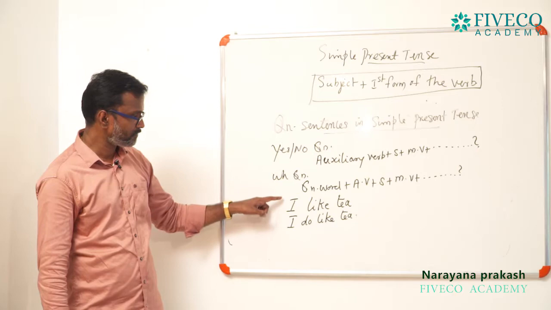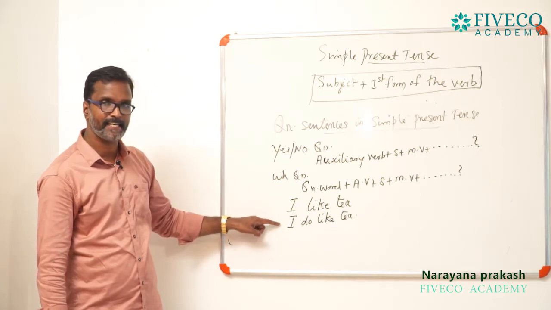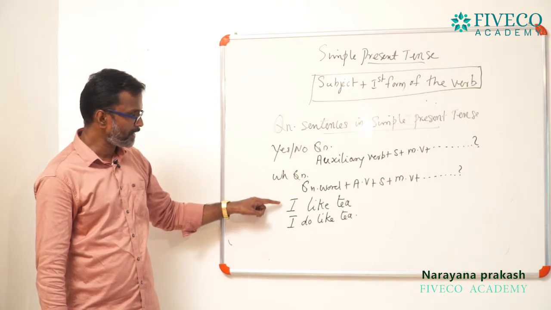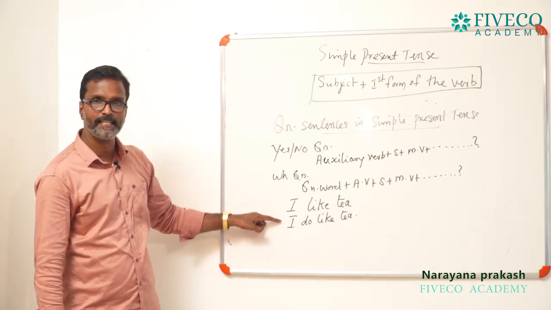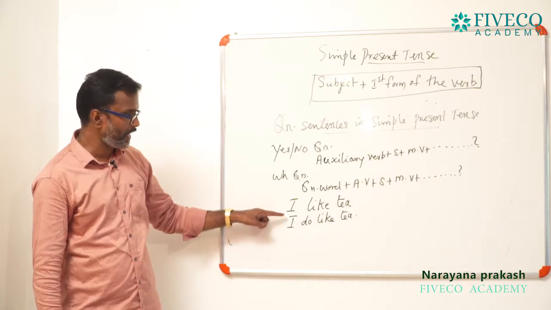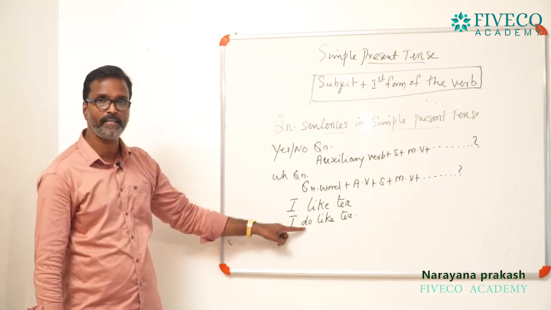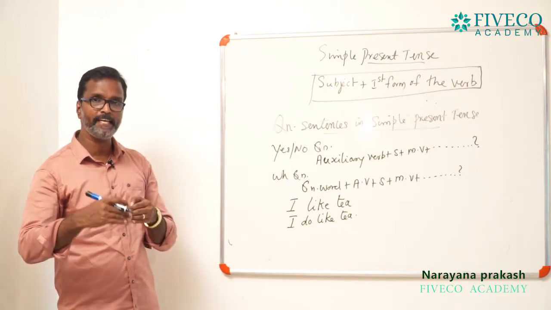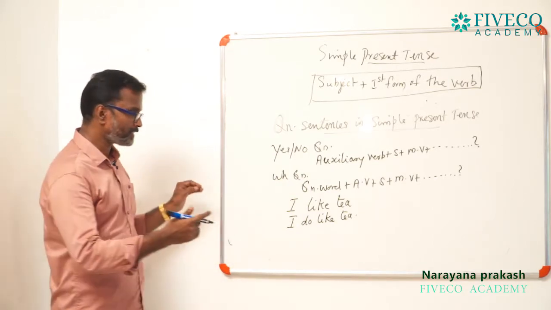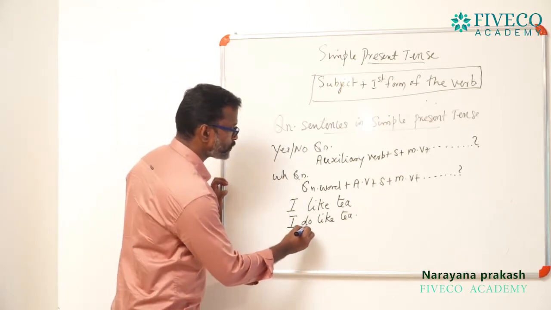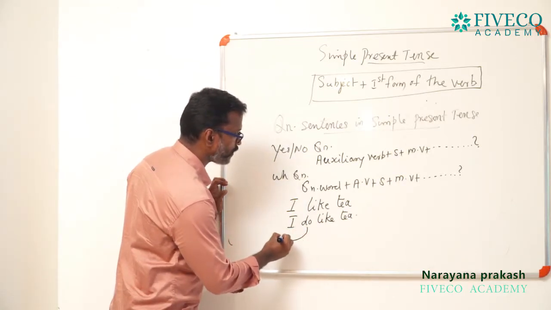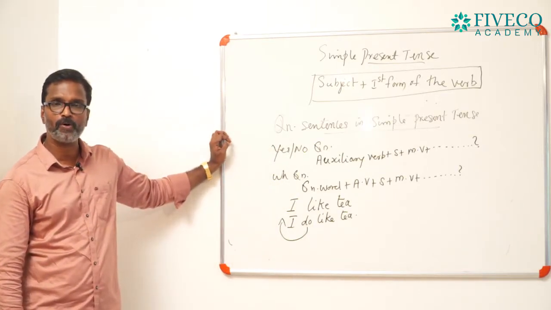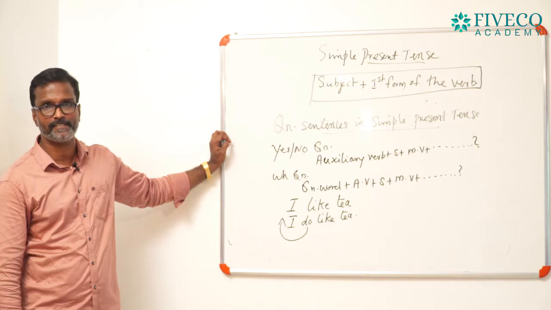So, listen to the difference between the first sentence and the second sentence. I like tea is a common sentence, and I do like tea is emphasized, as I used the auxiliary verb do here. Now we are going to make a yes or no question. The easy method is that you just use the auxiliary verb at the beginning of the sentence.